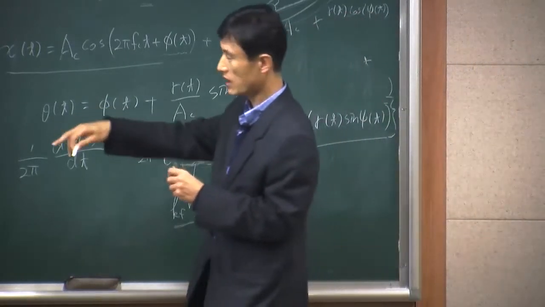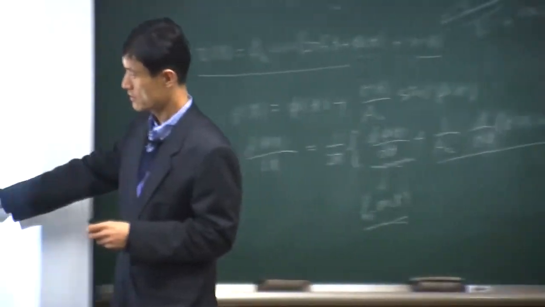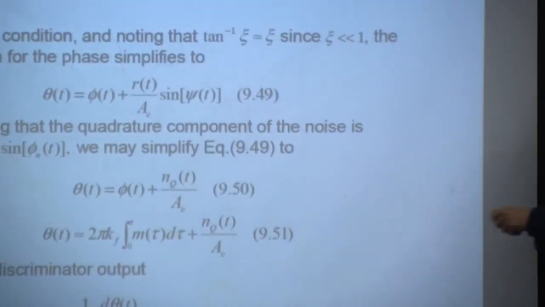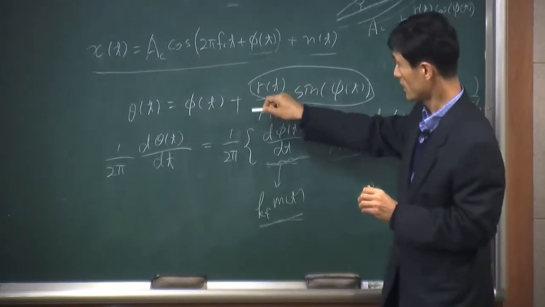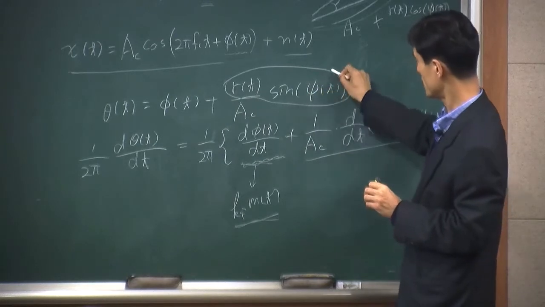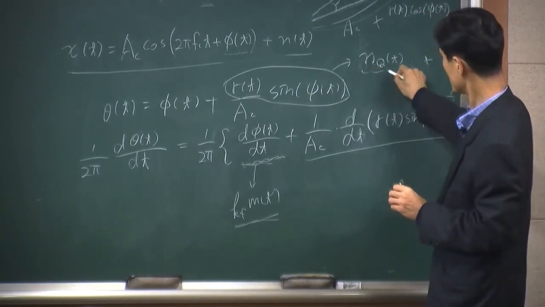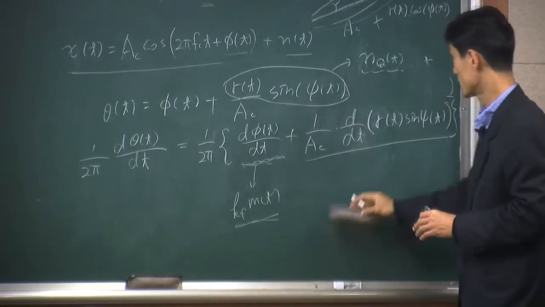That makes it complex, but let's look at the simple way. In order to do that, we can simply introduce a simple symbol here. Let's substitute r(t) sin psi(t) with n_Q(t).